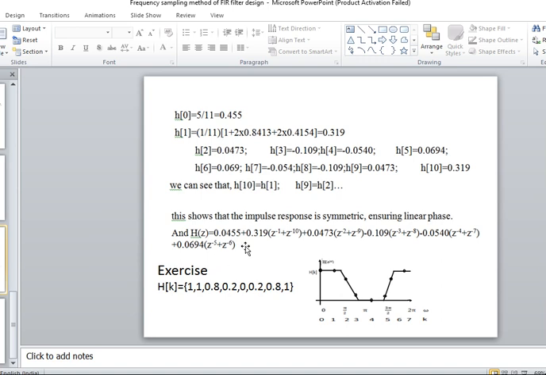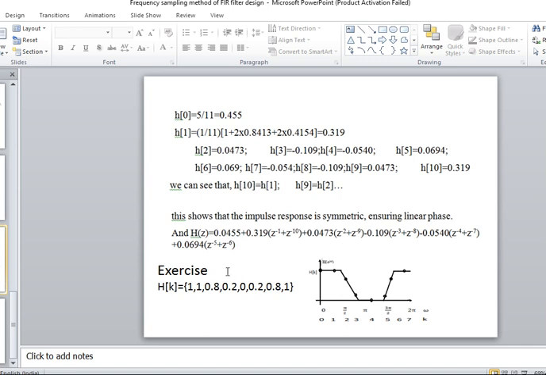Now if you want, we can find the frequency response after putting z equal to e to the power j omega and then evaluating the frequency response for different values of omega. In some cases we can stop with this transfer function, and if wanted we can draw the filter structure also, but that is not needed right now. Okay, so this is the way we design filters in the frequency sampling method.